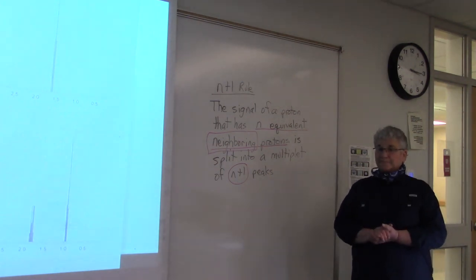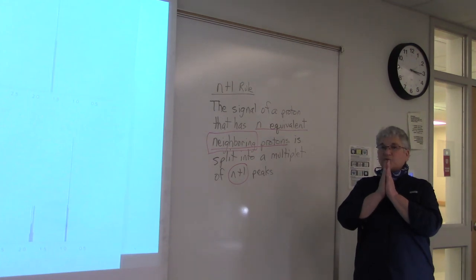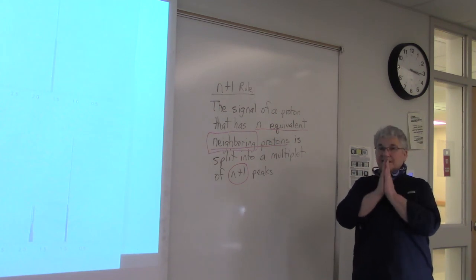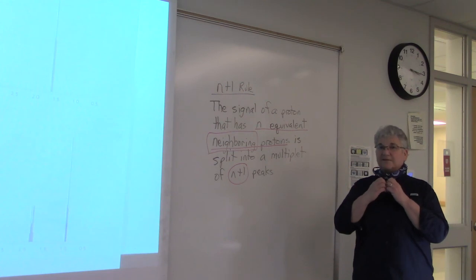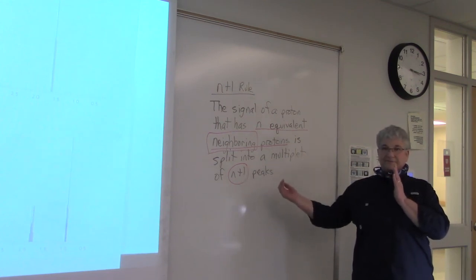Integration tells you how many protons are in one peak. The splitting pattern, what pattern I am, is not dependent upon how many protons I am. It's dependent upon how many neighbors I have, right?